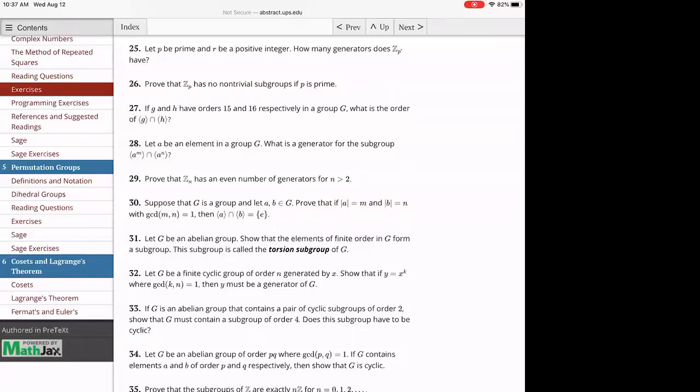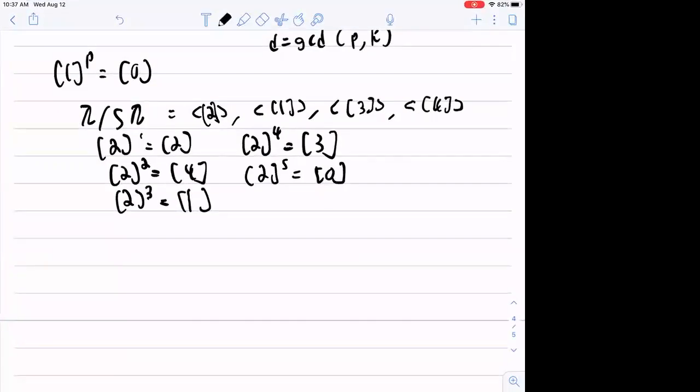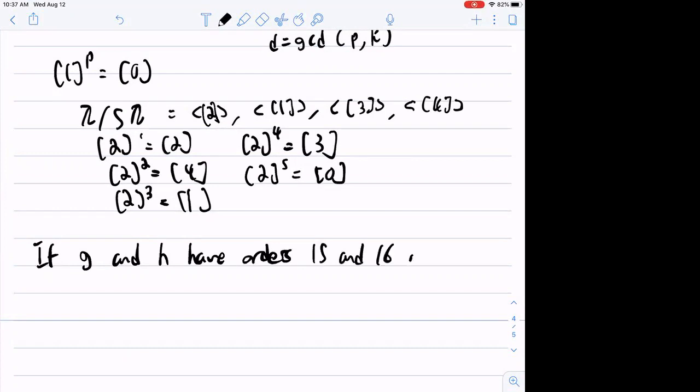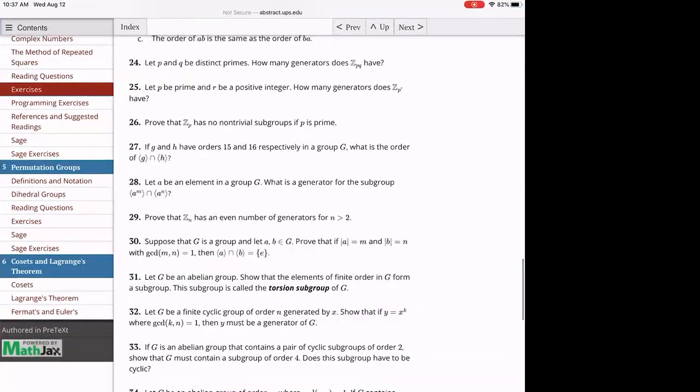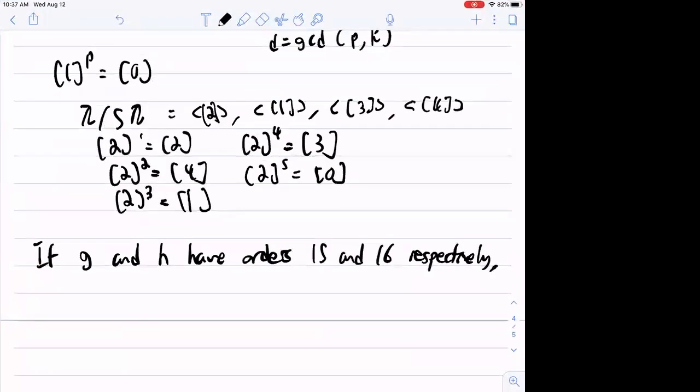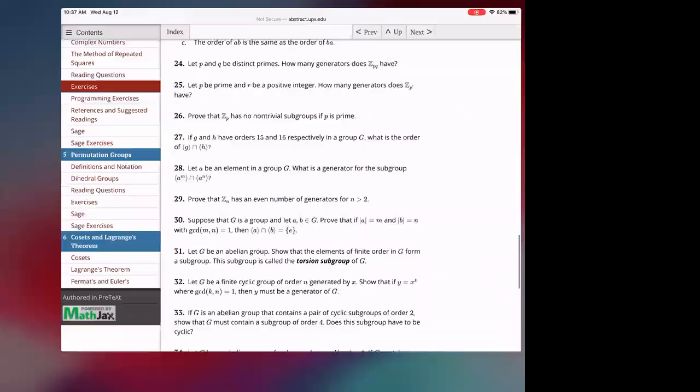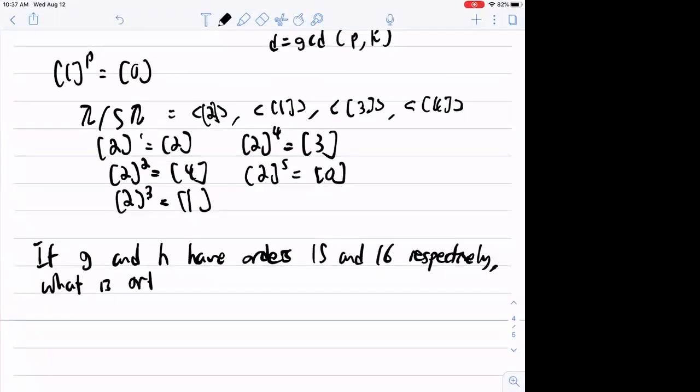If G and H have orders 15 and 16 respectively, what is the order of G intersect H?